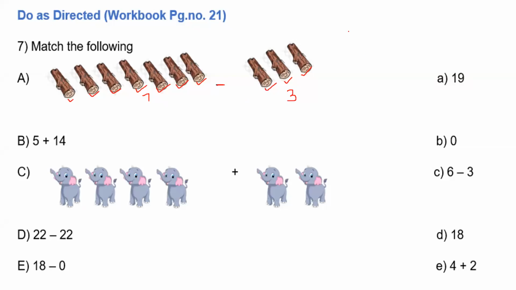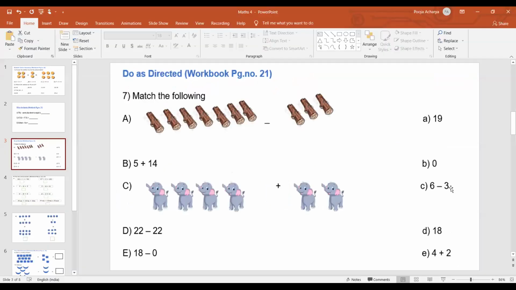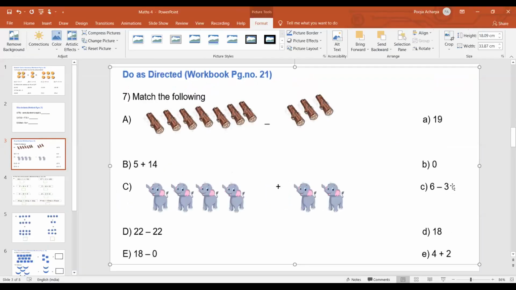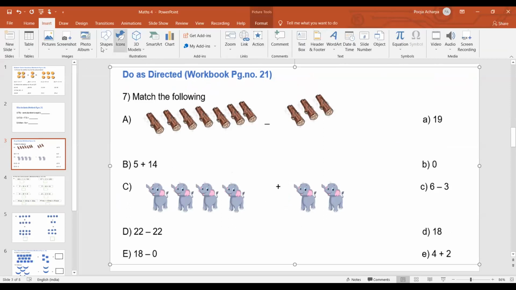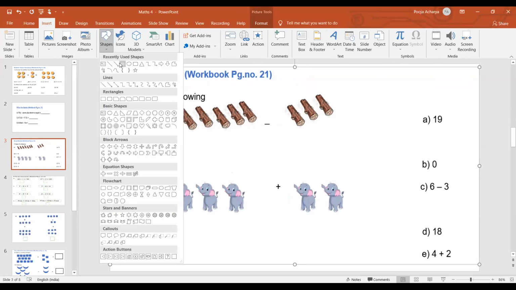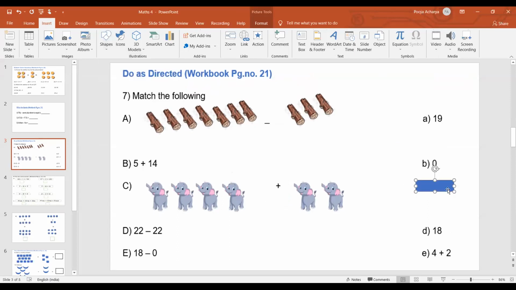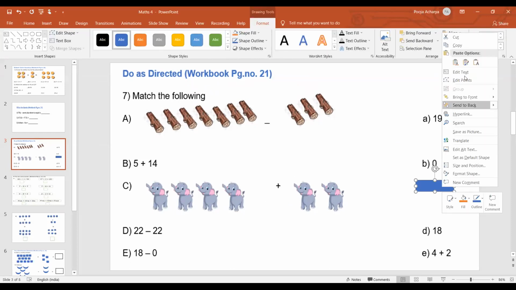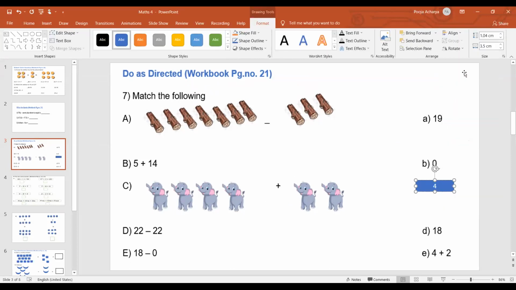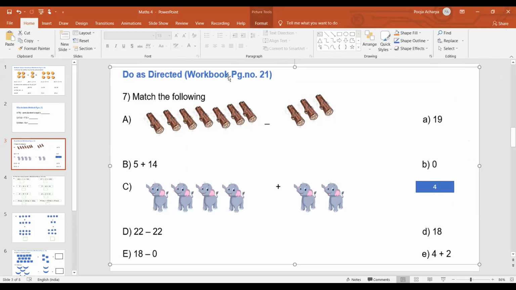So what is the answer? 4. Okay. Wait a minute. So here it will be 4. I'll write 4 over here. It is not given, na? So I am writing it. 4. So you can match.